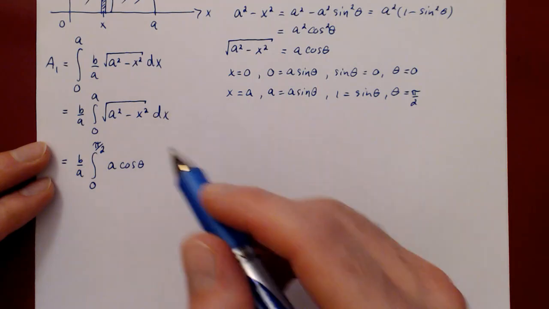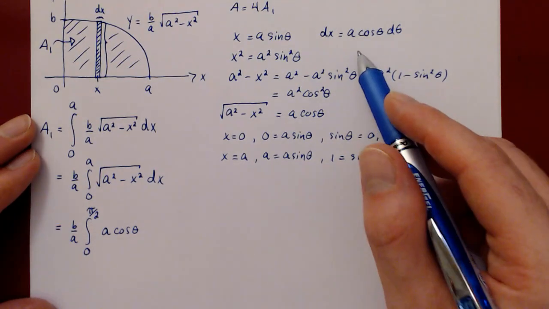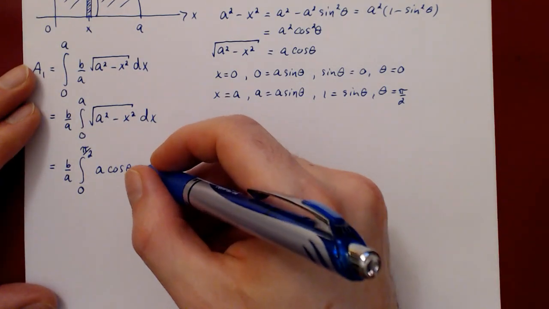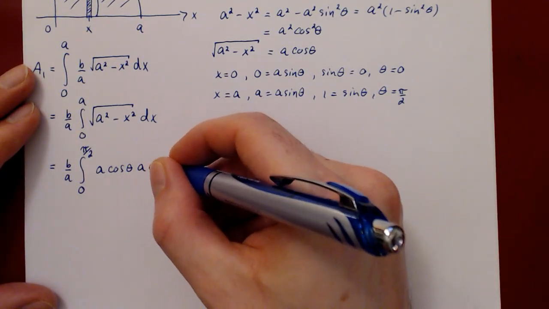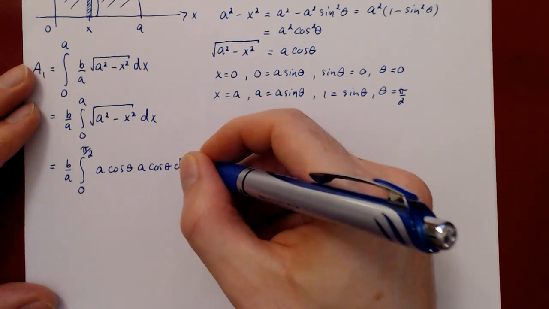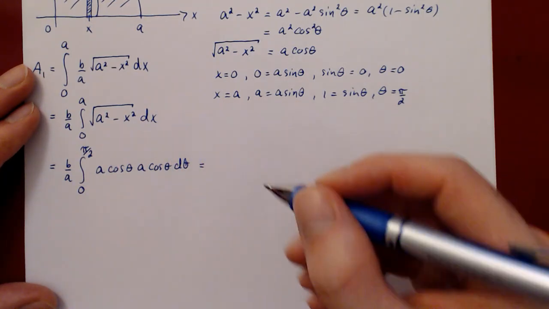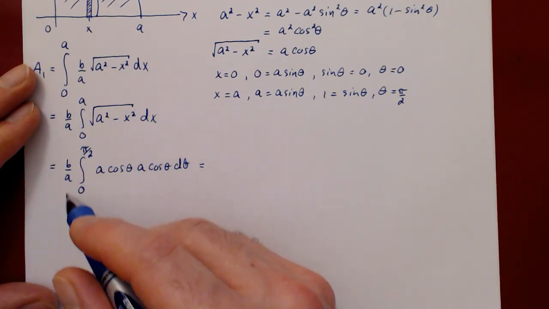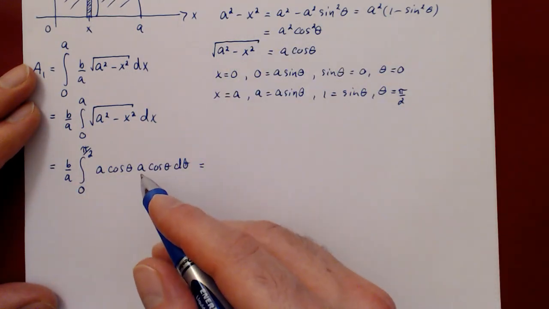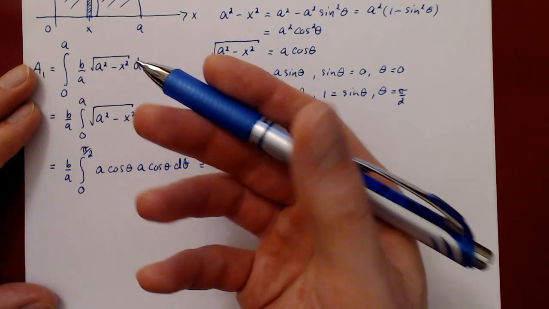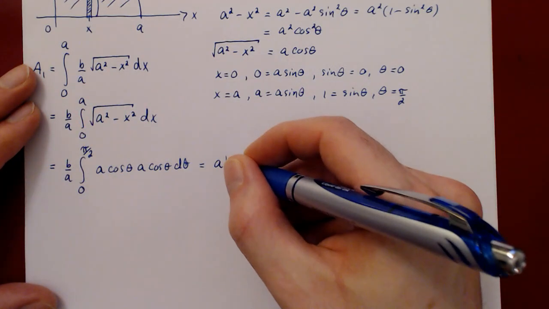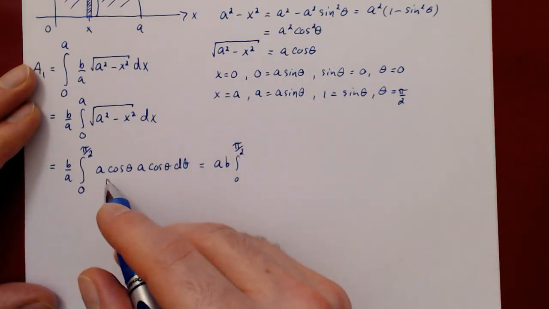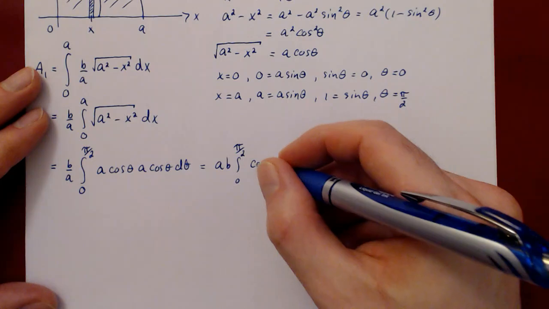And the differential, dx, if you recall, is a cos theta d theta. We can factor out a squared, as again a is a constant multiple, so we'll have a squared over a, which will cancel to a, so we have ab, the integral from 0 to pi over 2. And cos times cos is, of course, cos squared.